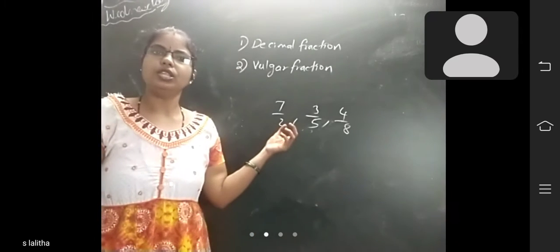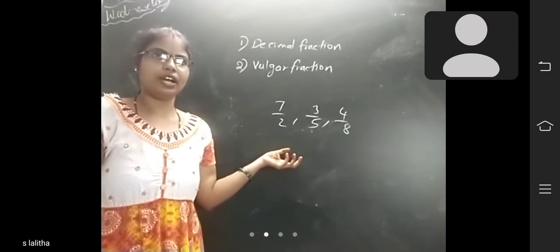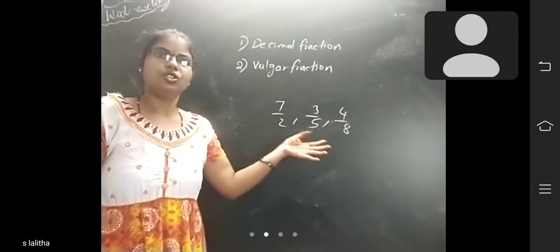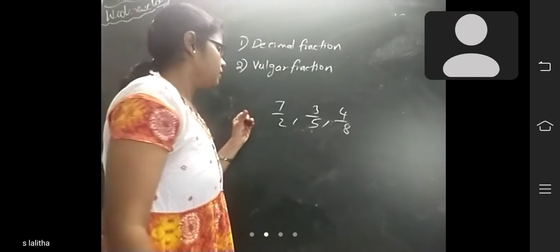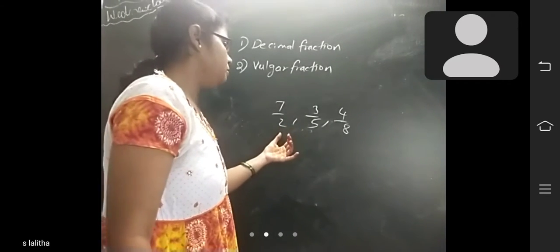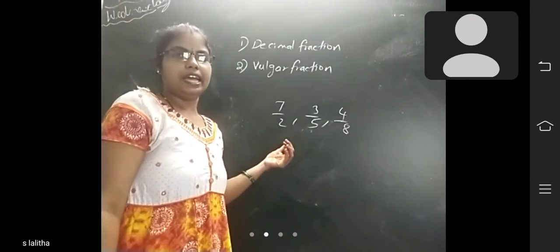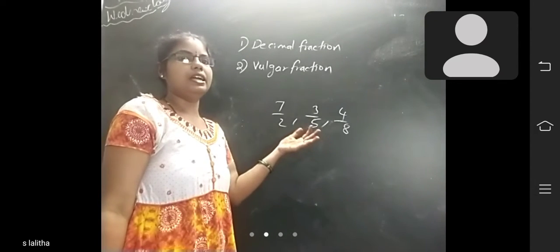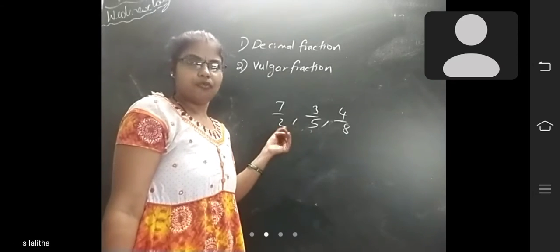There are no denominators like 10, 100, 1,000. The remaining fractions are called vulgar fractions.